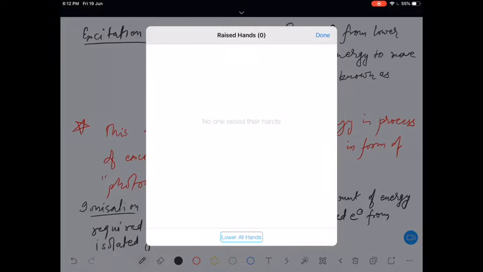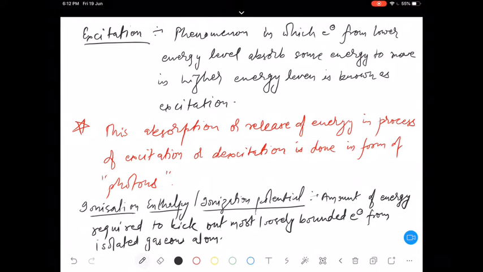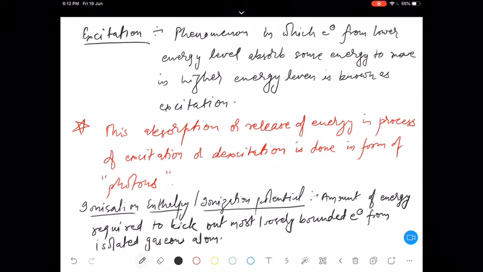This is the definition of ionization enthalpy. For time being, if you can remember this one, that is fine.